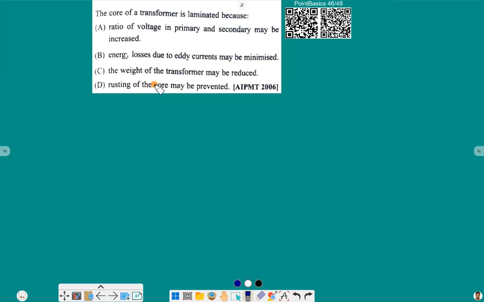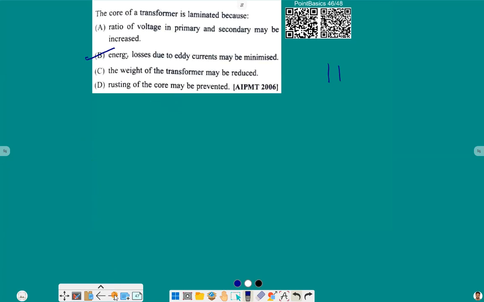So the main reason is energy losses need to be minimized, because due to lamination, the eddy currents do not combine, and when they do not combine, their amplitude remains the same and they produce less heat. An additional benefit is that rusting is also prevented, because due to lamination, the iron core does not come in direct contact with air, oxygen and water.